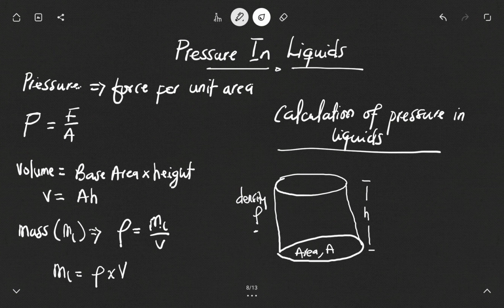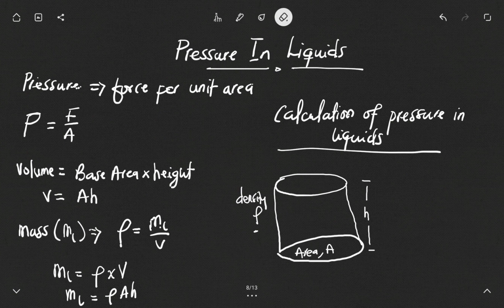But remember the volume is equal to the area multiplied by the height. So in place of the volume, the mass of the liquid will be density multiplied by area multiplied by height.